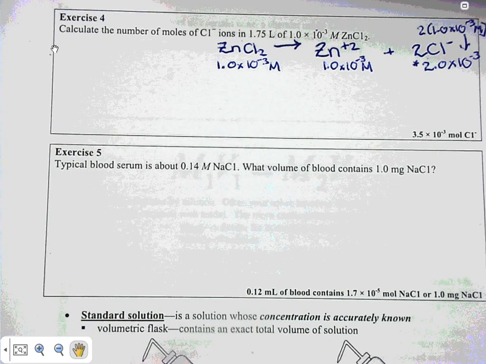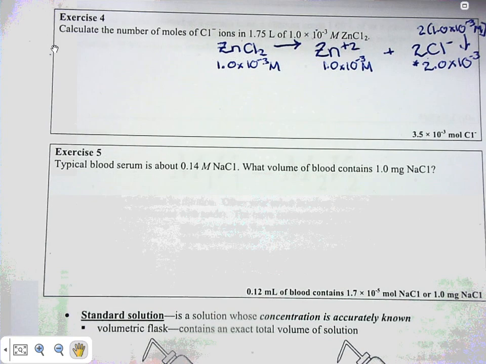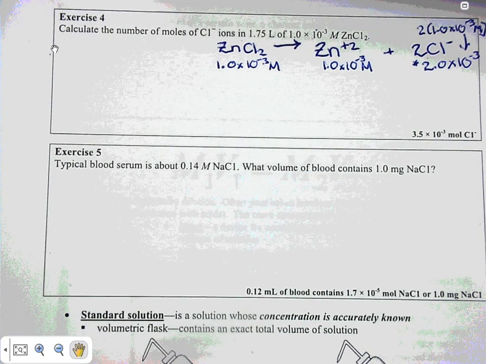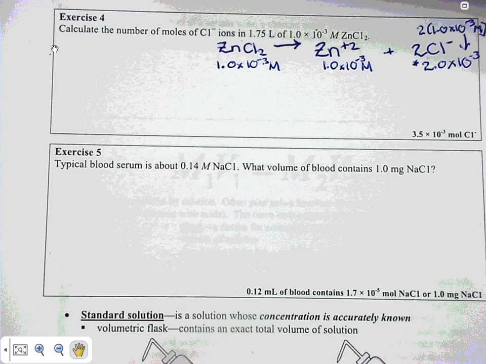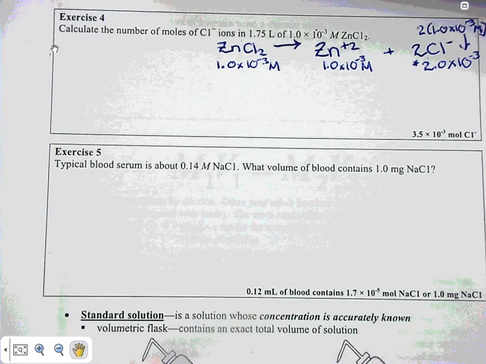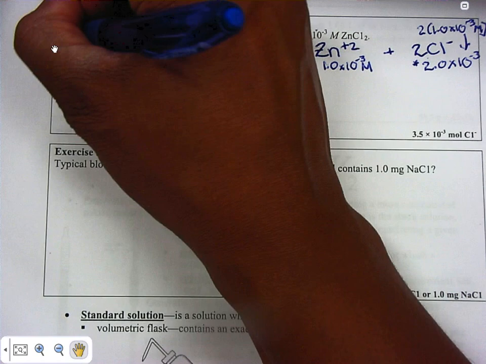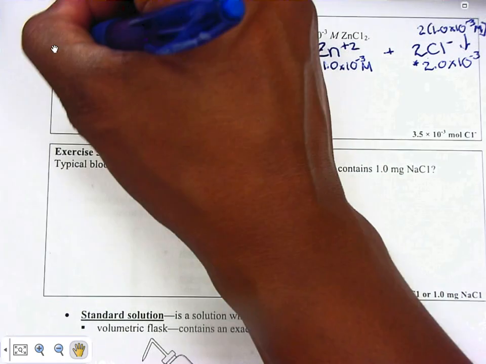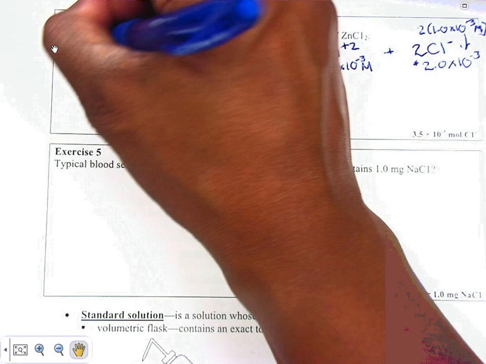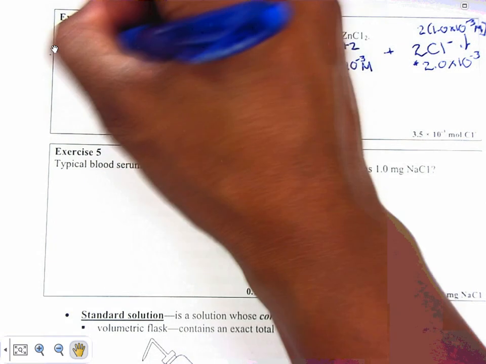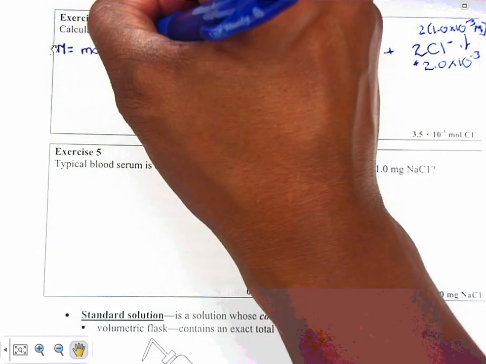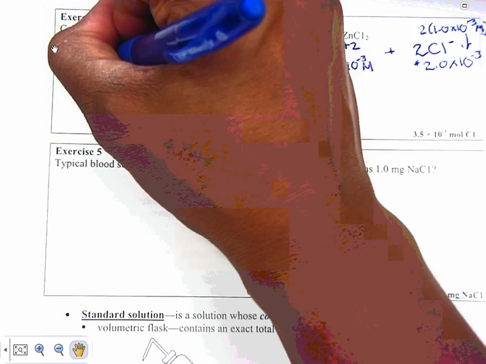So knowing that, we're now going to use our known molarity and our known volume to determine the moles of chloride ion. Now, the generic equation for molarity is that molarity is equal to moles of solute over liters of solution.